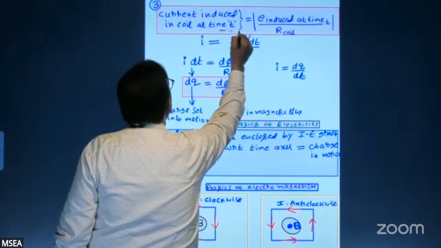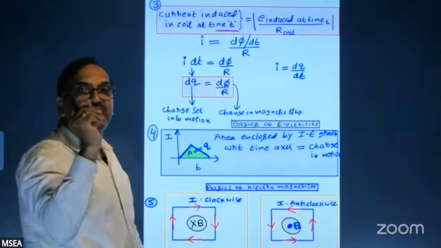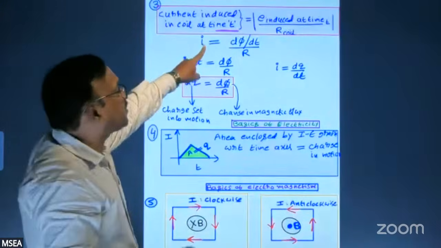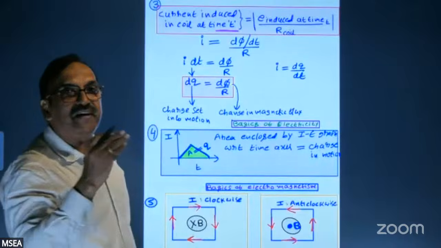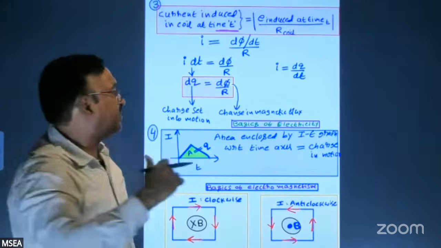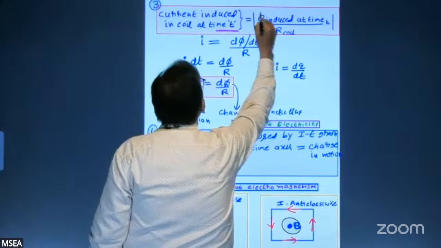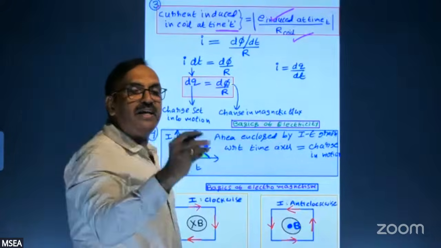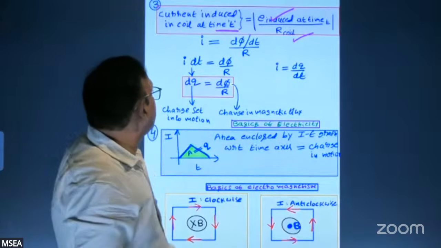What is the current induced in the coil at any specific time t? You know the formula from current electricity: current is nothing but total EMF by total resistance. So the current induced in the coil is the EMF induced in the coil divided by resistance.